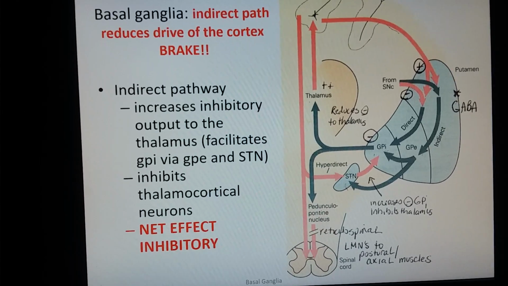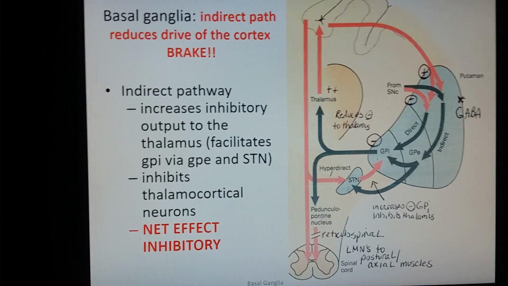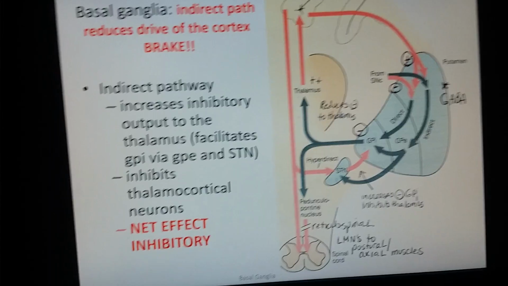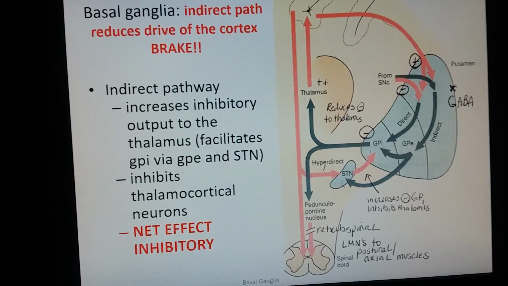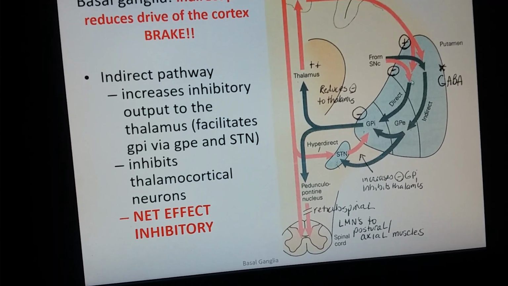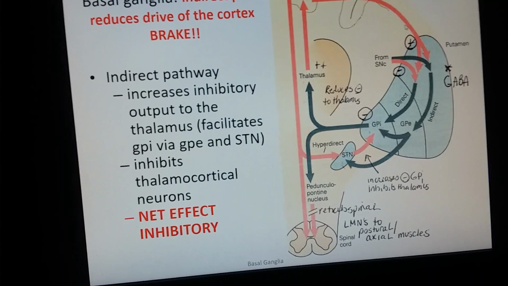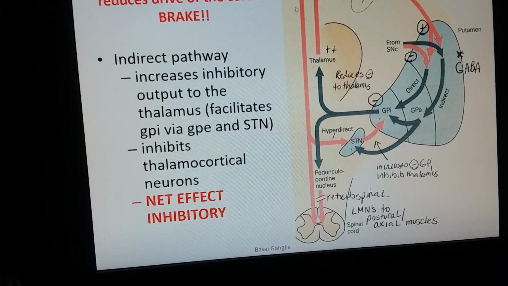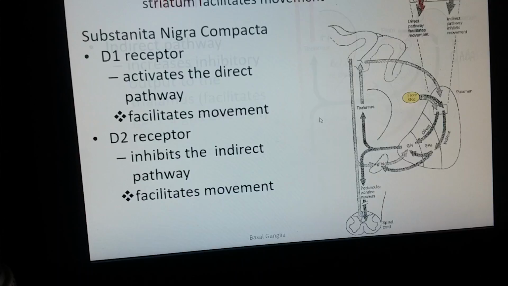So the net effect is inhibitory. So this is in fact like putting on the brake. The direct pathway is energizing. It's putting on the gas. It's reinforcing what's already being sent to it from the motor cortex. But the indirect pathway is putting the brake on.